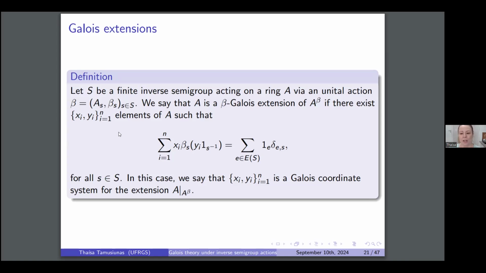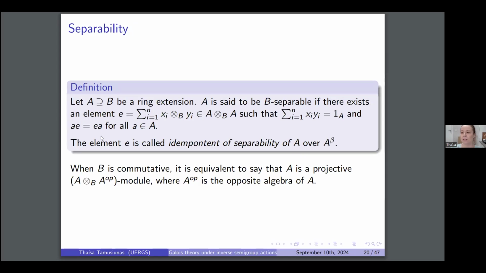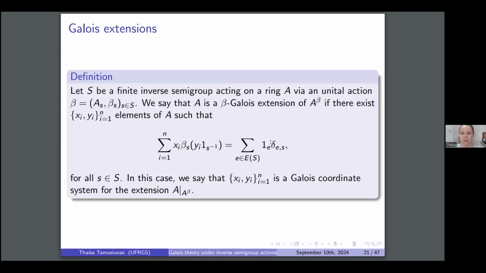And the point is that this Galois system, at first look, they don't need to commute. When we consider the tensor, we don't have to commute. It's very similar, closer to the definition of separability, but it's not equal.